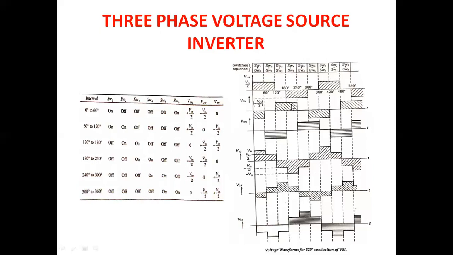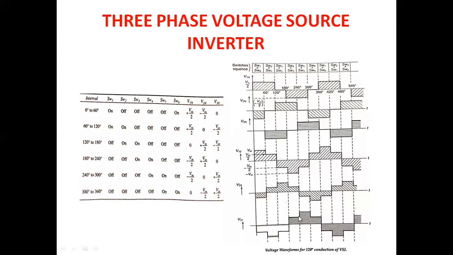Value of V2n is plus Vin by 2, and value of V3n is 0. So the same way, you can write V12 is V1n minus V2n, that is minus Vin, that is clear. V23 is Vin by 2, and V31 is plus Vin by 2, that is this one.